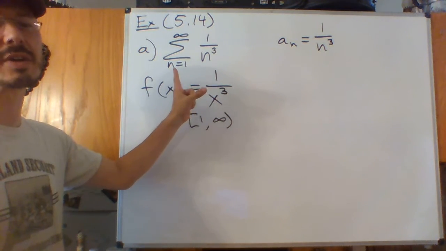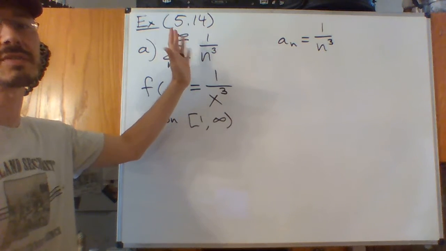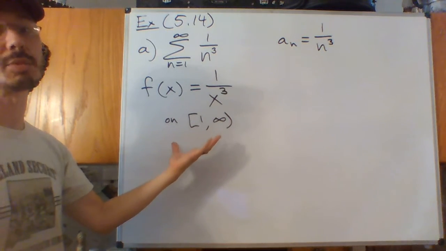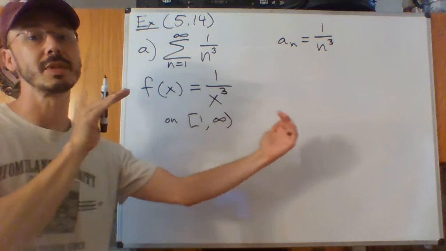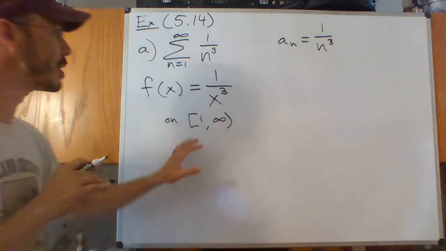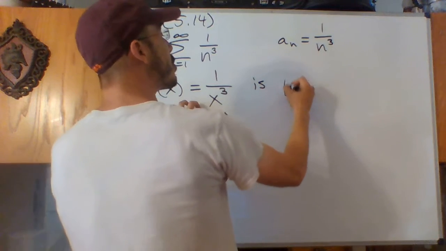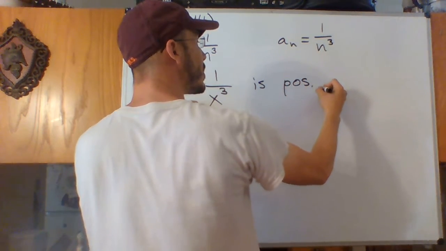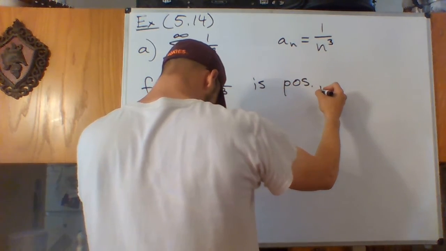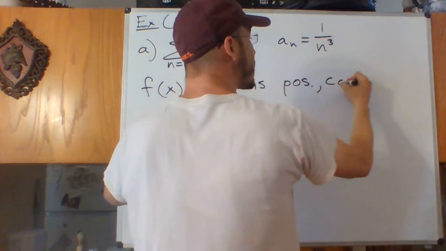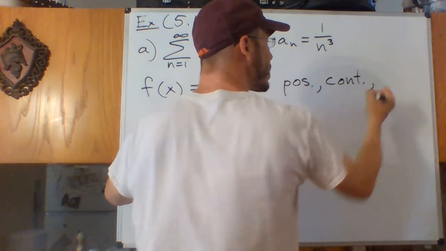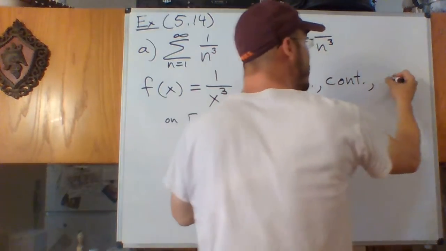This is a discrete variable, 1, 2, 3, 4, 5, 6, 7, etc. This is a real variable, can't count them, it's just 1 to infinity, but this function is positive, continuous, and decreasing.